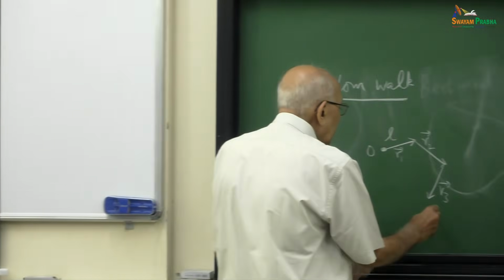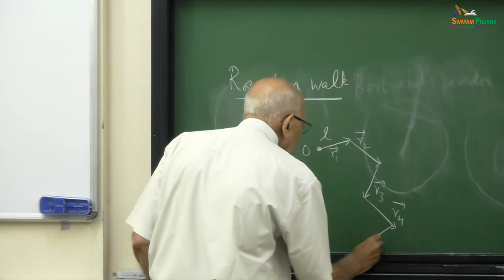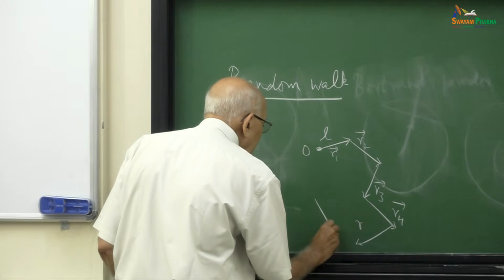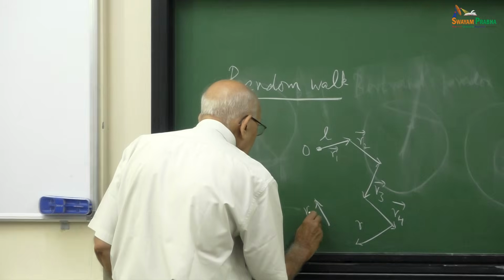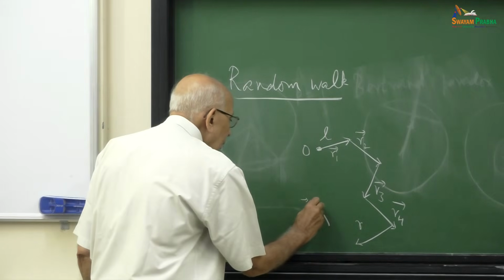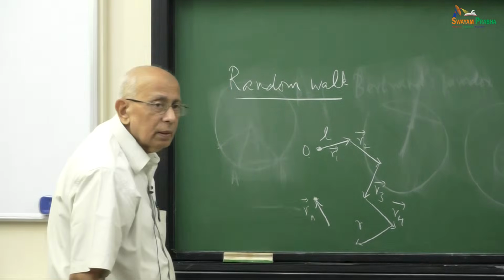Any direction in space, and this goes like that, R4, R5, etc. And let's suppose you had it going for a long time, and then you have Rn, the nth vector. This was the starting point, and this is the ending point.